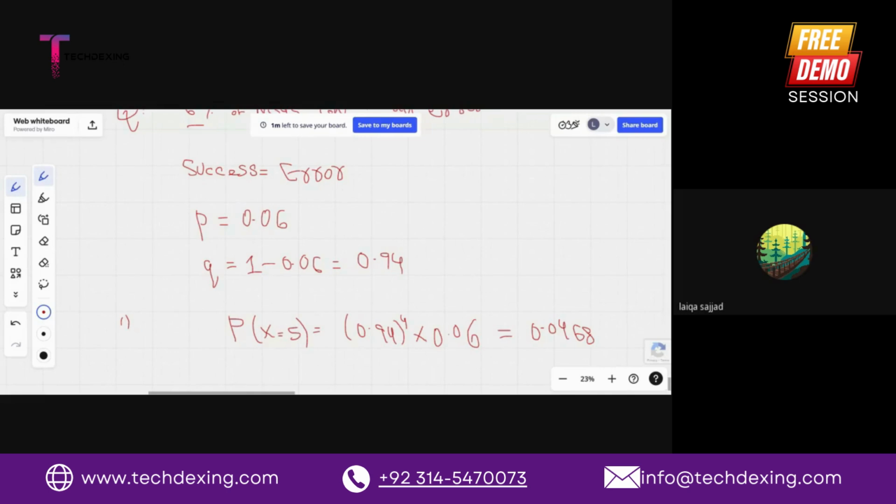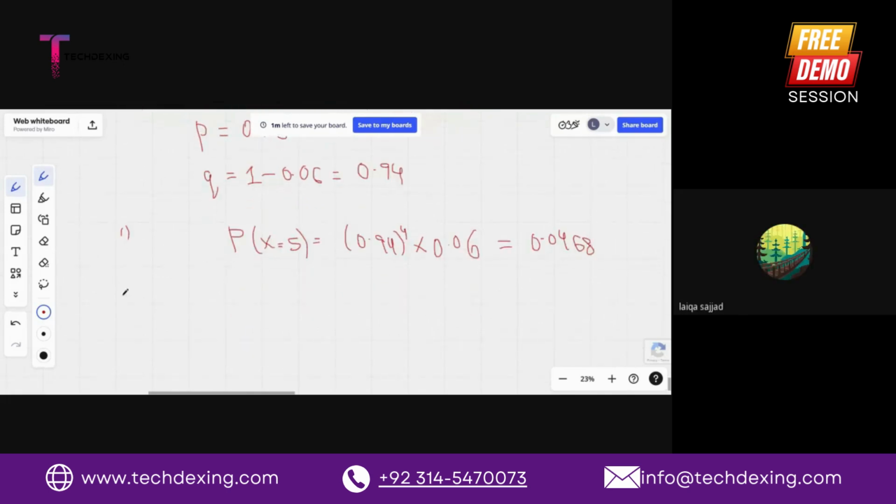In the second part, you need to find the mean number of messages that you will have to face before your first error. It means that you need to tell the time that you will need to wait, or the number of failures that you will have to face before you get your first success.